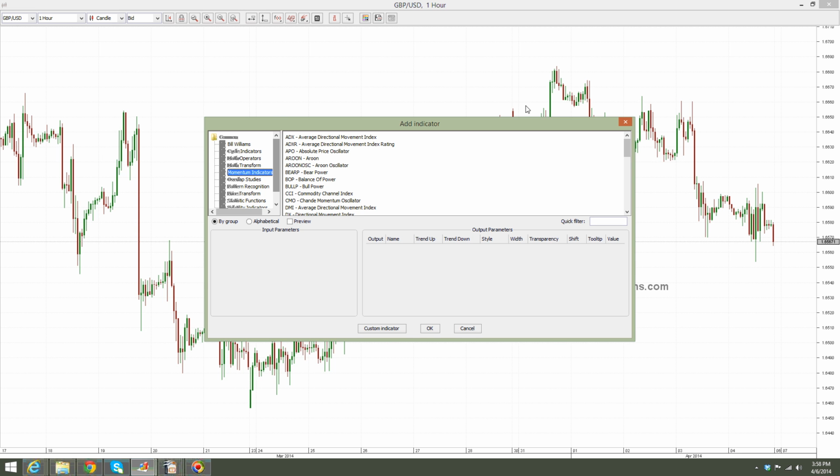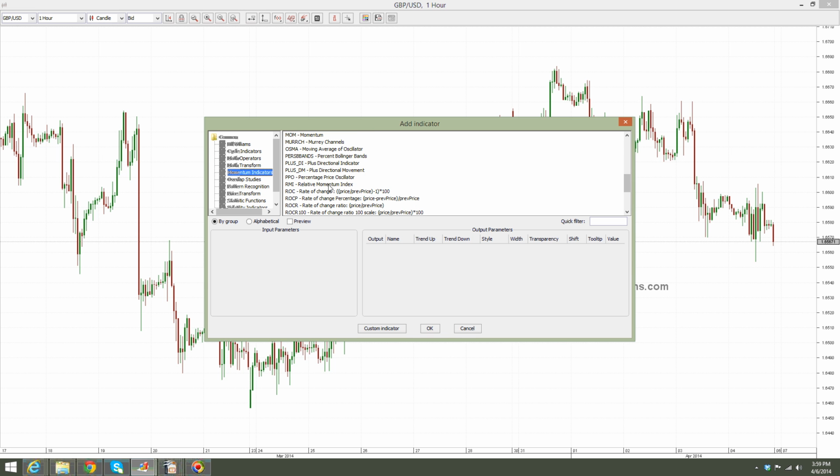This is the J4X trading platform, but exactly the same happens on MetaTrader. There, you go to indicators and then the oscillators tab, and the relative strength index is there.